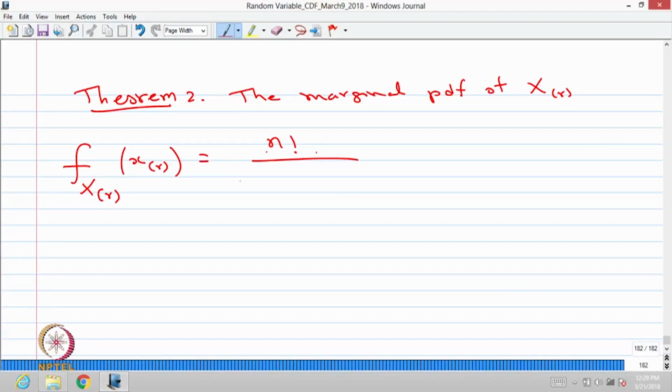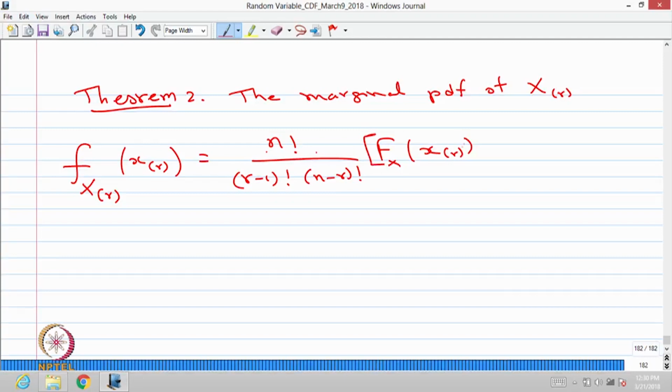So, this is going to be n factorial divided by r minus 1 factorial, n minus r factorial, multiplied by the CDF. Since all the random variables are IID, you do not need to mention the index, you can just mention x or any xi, evaluated at x bracket r.